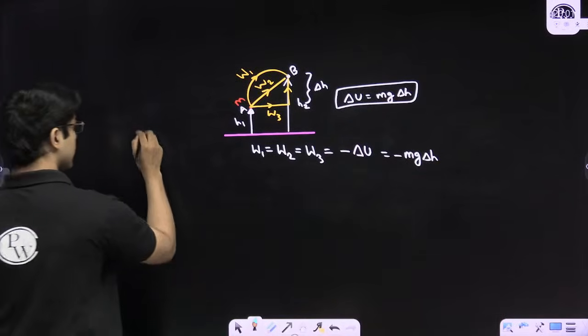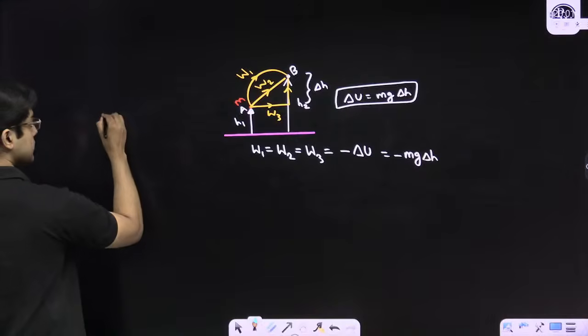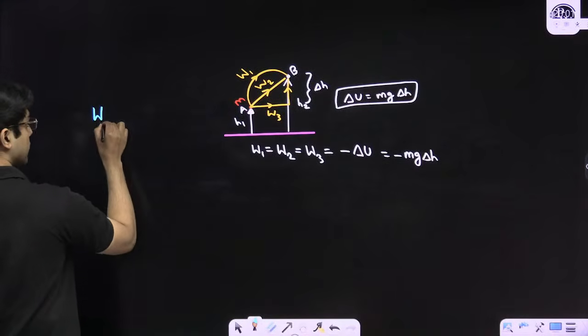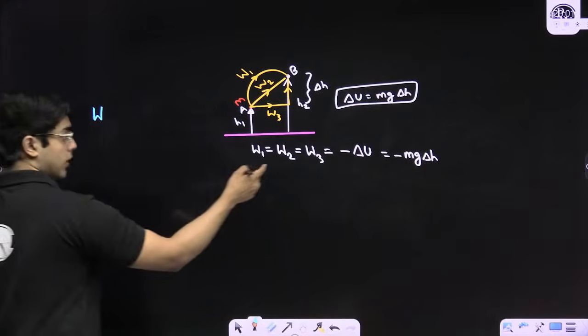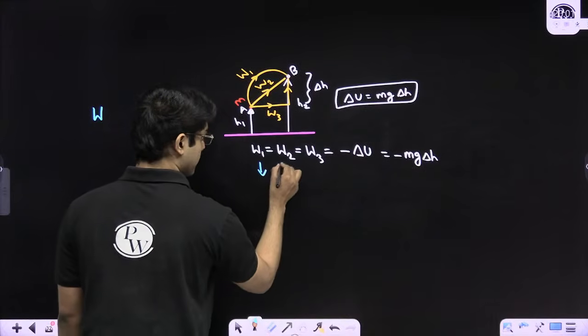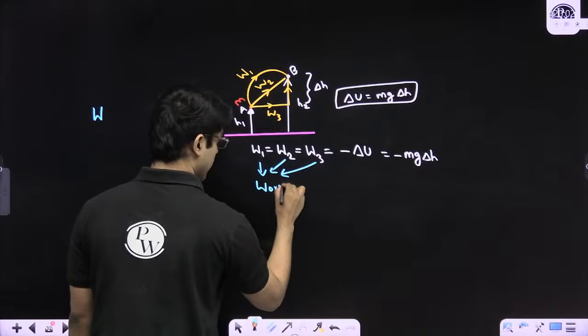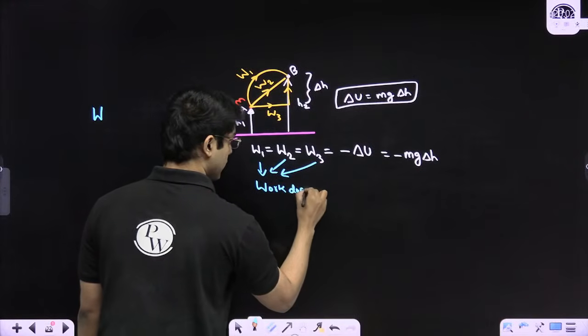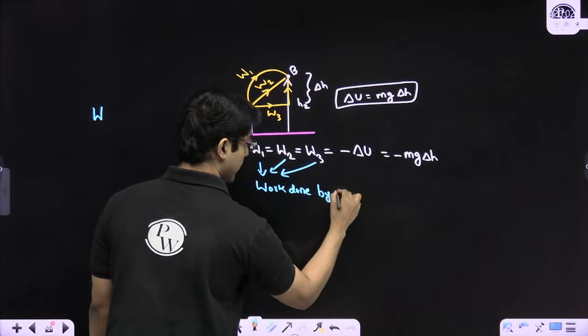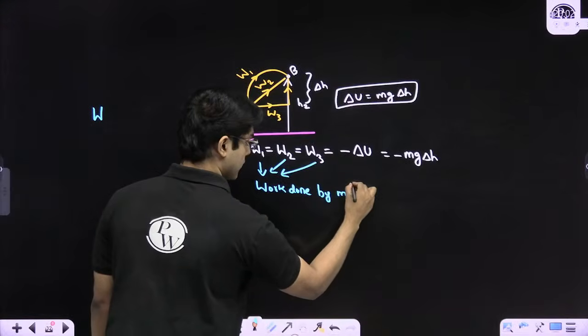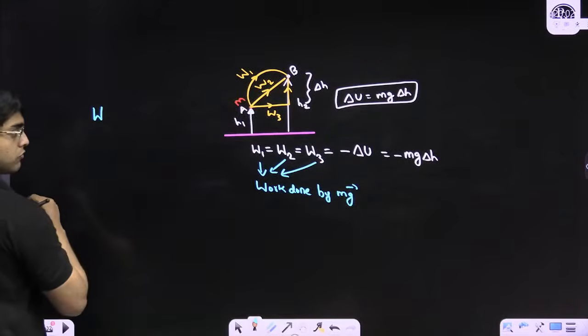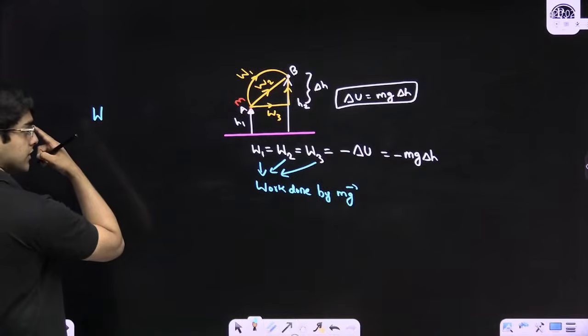So the main idea when we discuss conservative forces in work, power, energy is the work done by the conservative force. In this case, these are the work done by mg. Gravitational force mg was the conservative force in this example.